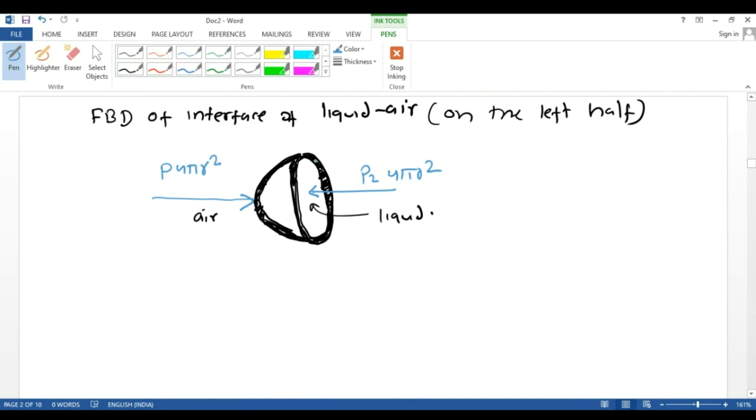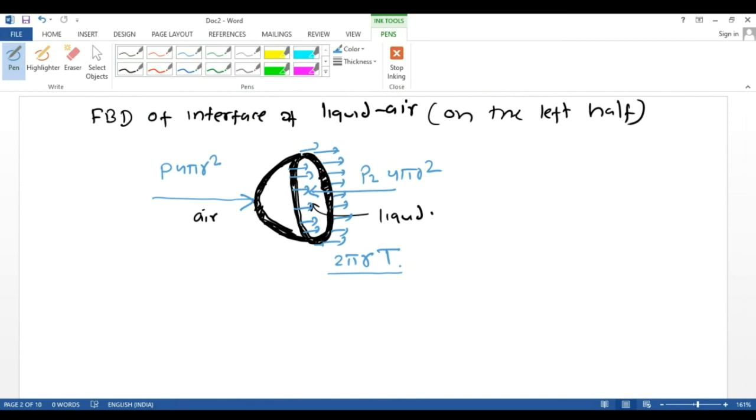And on the outer surface, everywhere we have a force in this direction, and that is equal to T. This entire length is 2 pi r. So 2 pi r into T is the force acting towards the right, and this force acts on the outer surface at the interface, basically, right?